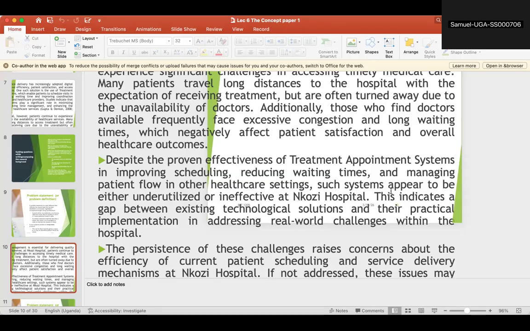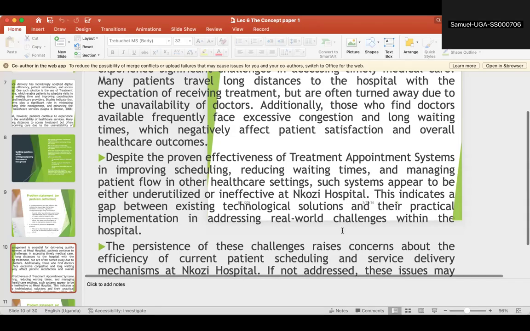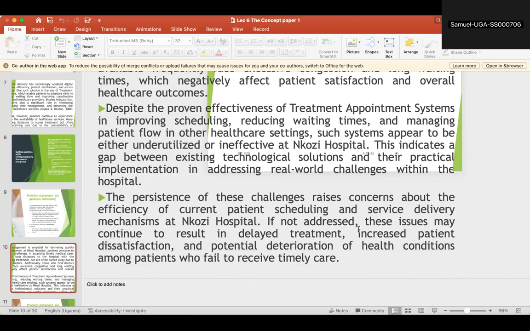This indicates a gap between existing technological solutions and their practical implementation in addressing real-world challenges at the hospital. The persistence of these challenges raises concerns about the efficiency of current patient scheduling and service delivery. If not addressed, these issues may contribute to delayed treatment, reduced patient satisfaction, and potential deterioration of health conditions among patients who fail to receive any treatment. Okay. Thank you so much.